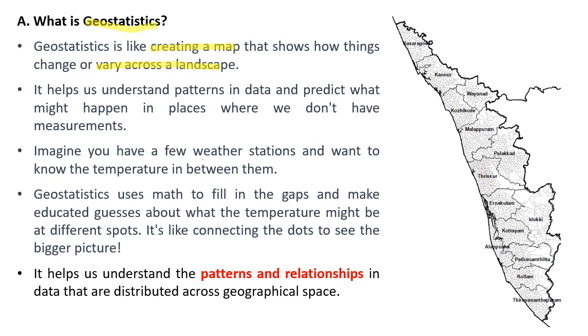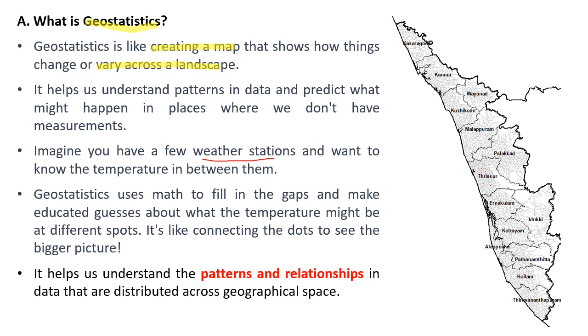For example, the weather stations may be in a district, maybe 5, 6, 7, 8, or at a state level, maybe 150 or 200, 250, whatever. So the records are at the stations.